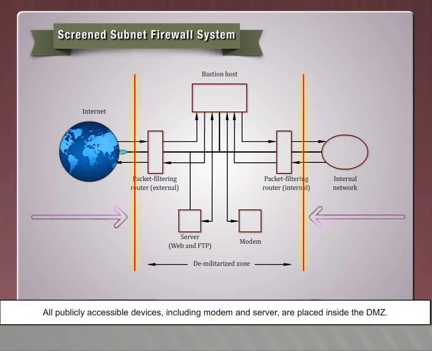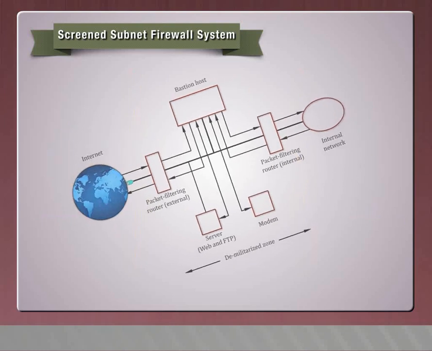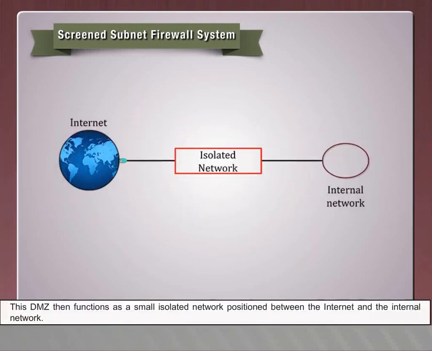As shown in the figure, all publicly accessible devices including modem and server are placed inside the DMZ. This DMZ then functions as a small isolated network positioned between the internet and the internal network.